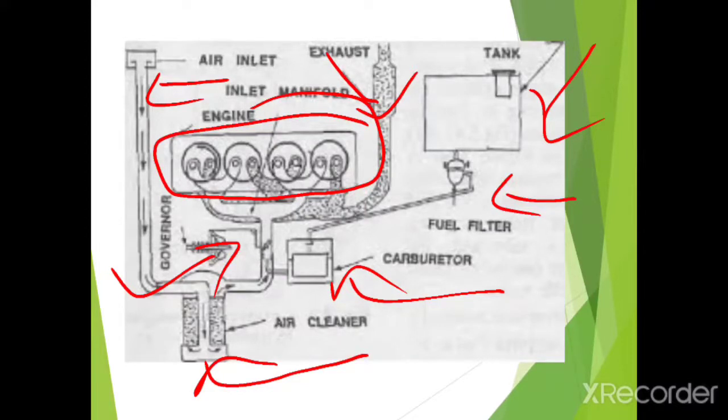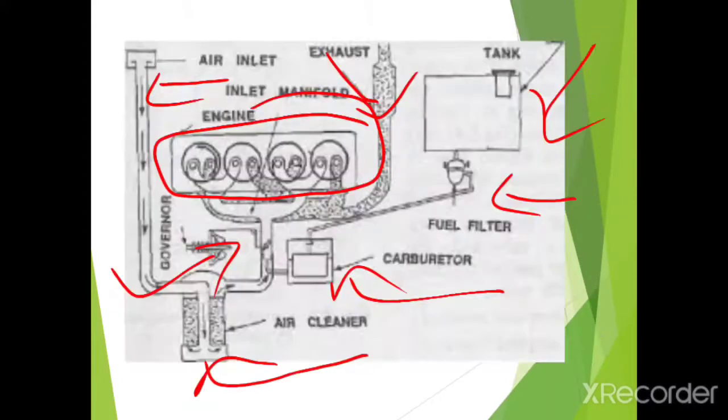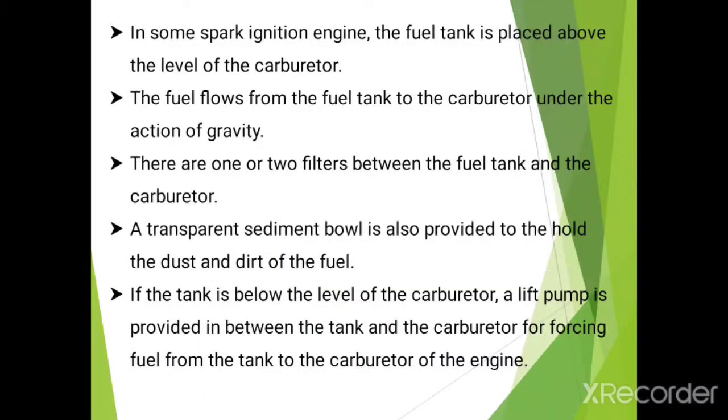Now let's see the working of this fuel supply system. In some spark ignition engines, the fuel tank is placed above the level of the carburetor. After that, the fuel flows from the fuel tank to the carburetor under the action of gravity, right?